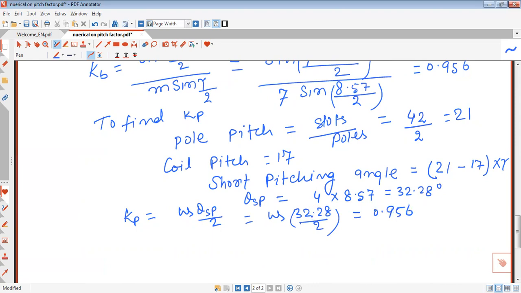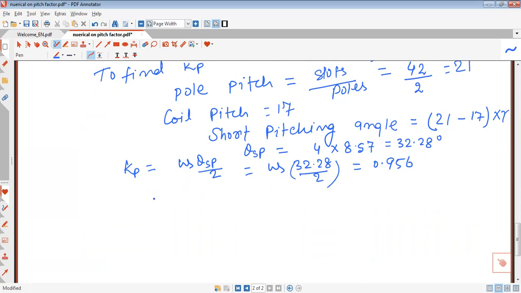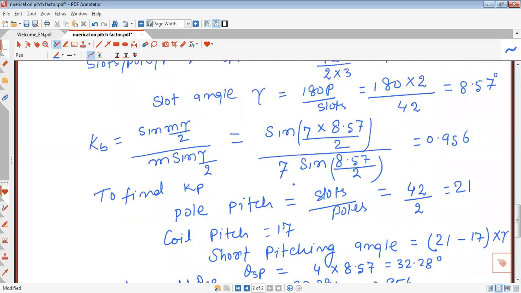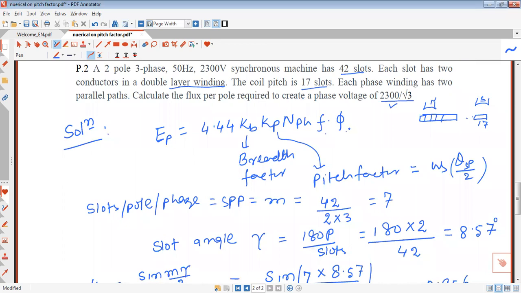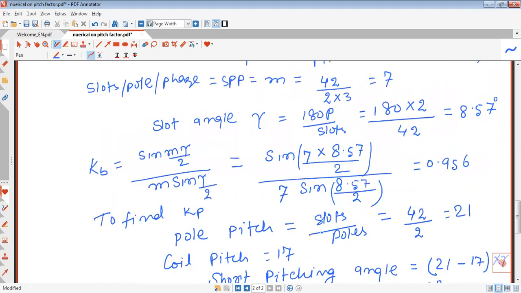Now another very important term for this question is NPH, the series turns we have to find. So we can see here how many conductors are there? There are 42 slots multiplied by 2, because in the question it is given as 2 pole 3 phase 42 slots, each slot has 2 conductors. So the total number of conductors will be 42 multiplied by 2.